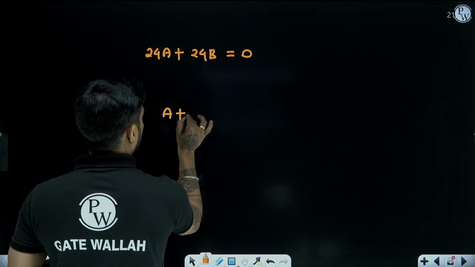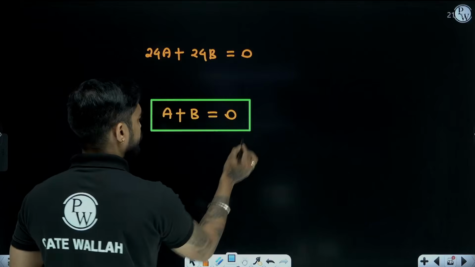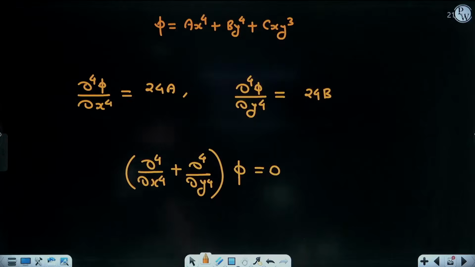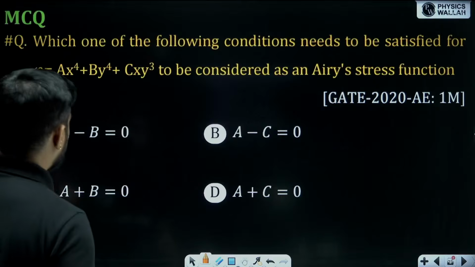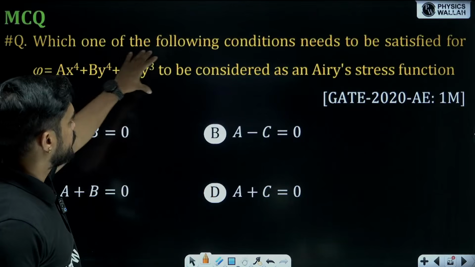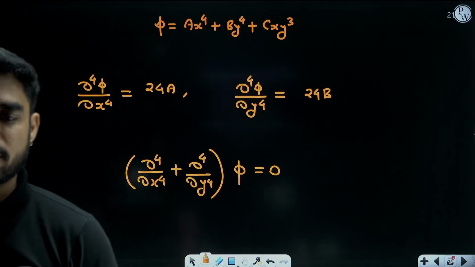So a plus b equal to 0. This is the answer. Means C is the correct answer. If you satisfy this equation, a plus b equal to 0, this means this is the correct Airy stress function. Is it clear?